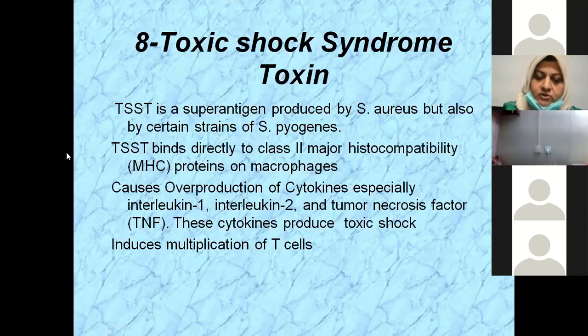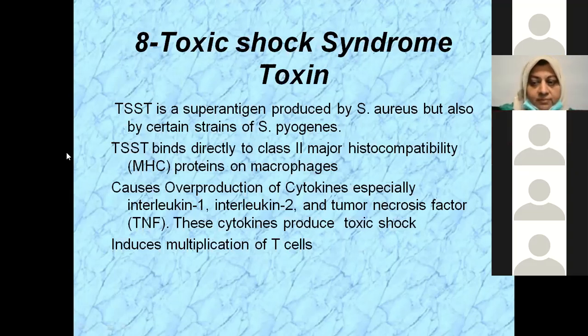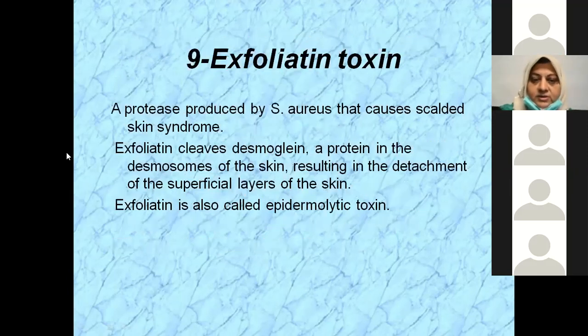So toxic shock is sometimes caused by contaminated padding, whether it is used to heal some wounds, like when a nasal bleeding happens and pads are kept in the nasal cavity, or sometimes tampons that are used by females. They also, if they are contaminated, can cause this toxic shock syndrome.